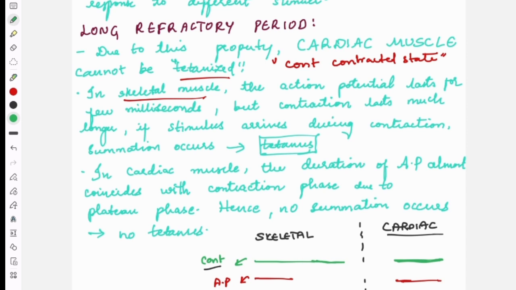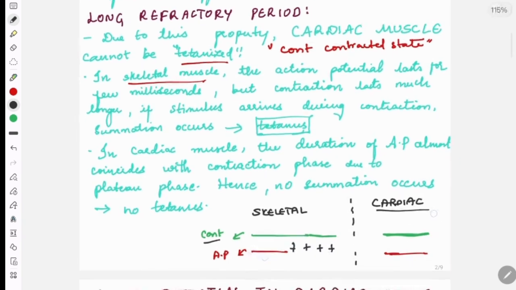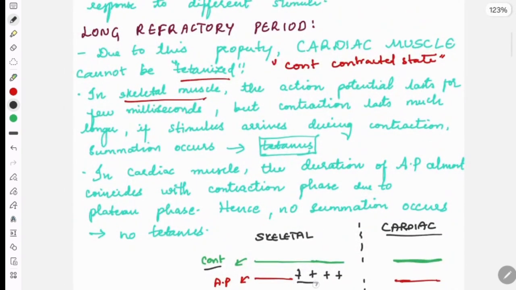So whenever a stimulus falls during the time when the action potential is not present but the contraction is occurring, there is summation of stimuli, and the summation of contraction can lead to tetanus.